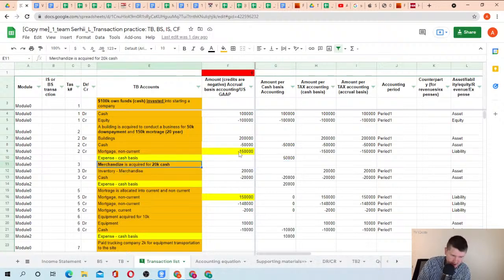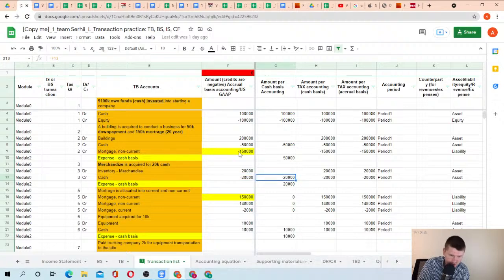Okay, merchandise is acquired for 20,000 cash. That's one of the fields where it starts to probably make sense. So under accrual basis, we recognize an asset, inventory, and we recognize a credit cash outflow.